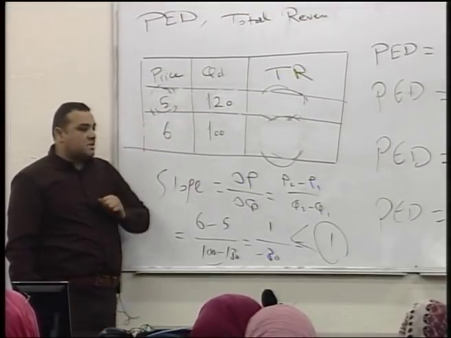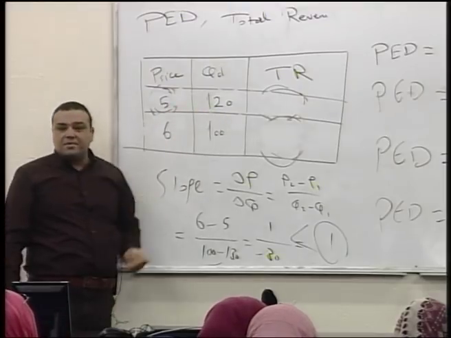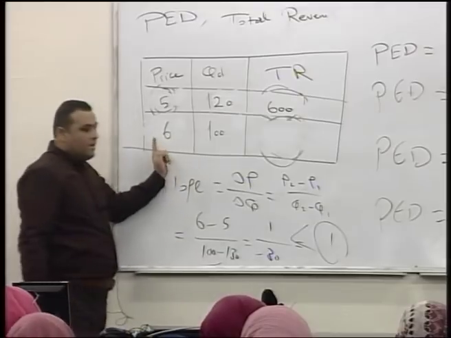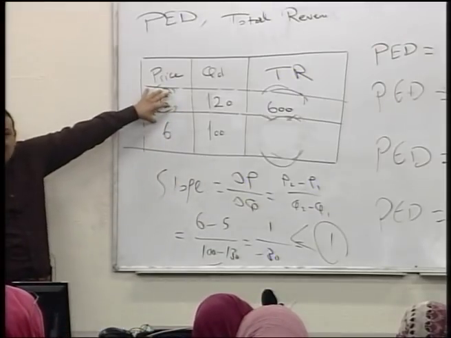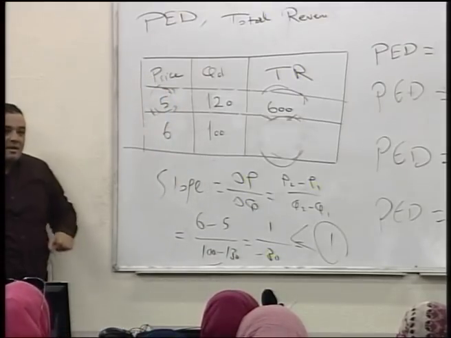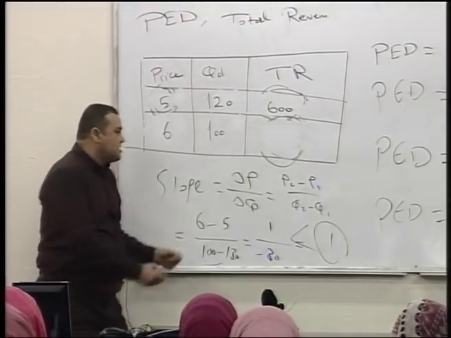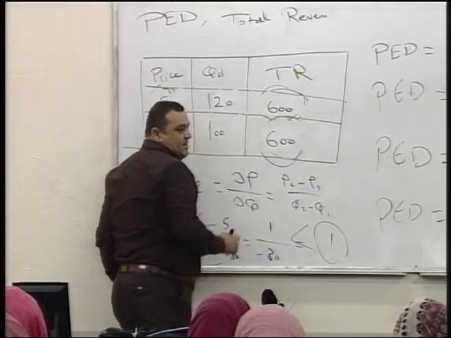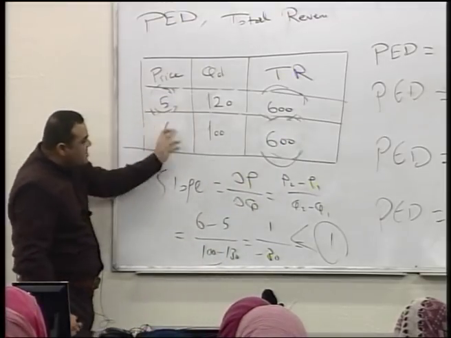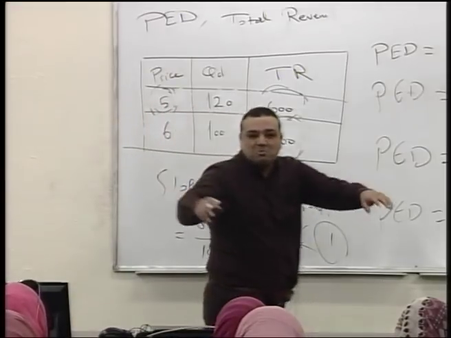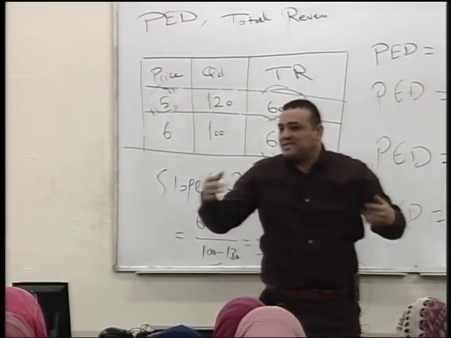Price times the quantity. 5 times 120 equals 600. As the price increased from 5 to 6, the quantity demanded went down from 120 to 100. How much is it? 600. What do you see? Increasing the price leads to no change in total revenue. So the demand should be unitary elastic, minus 1.